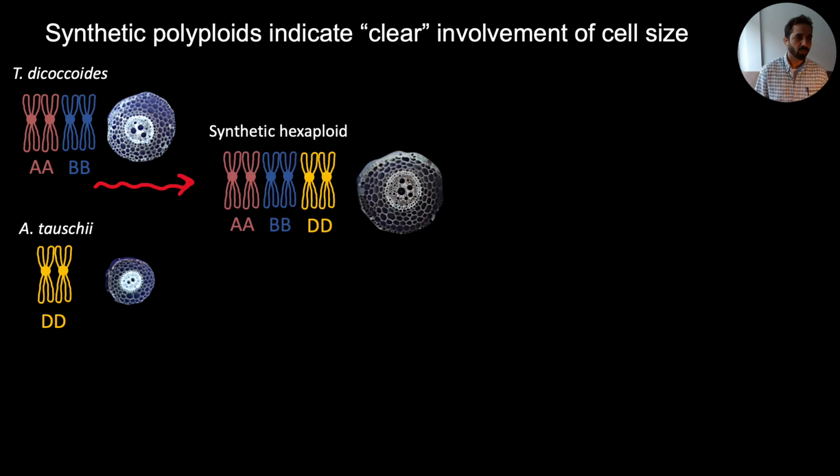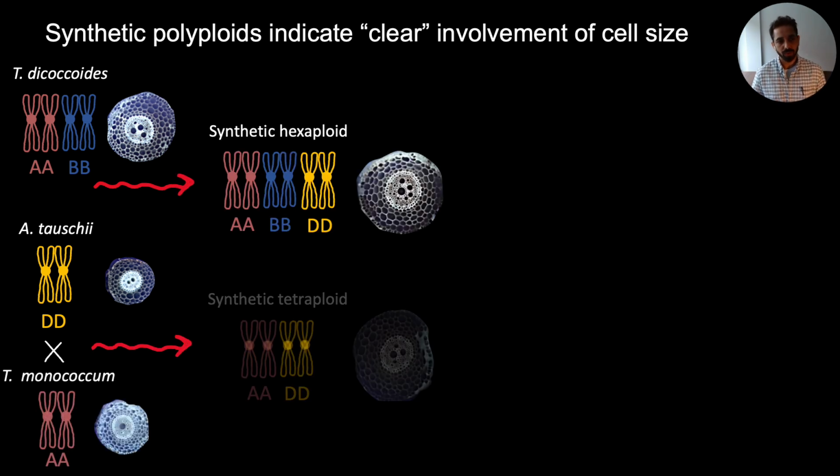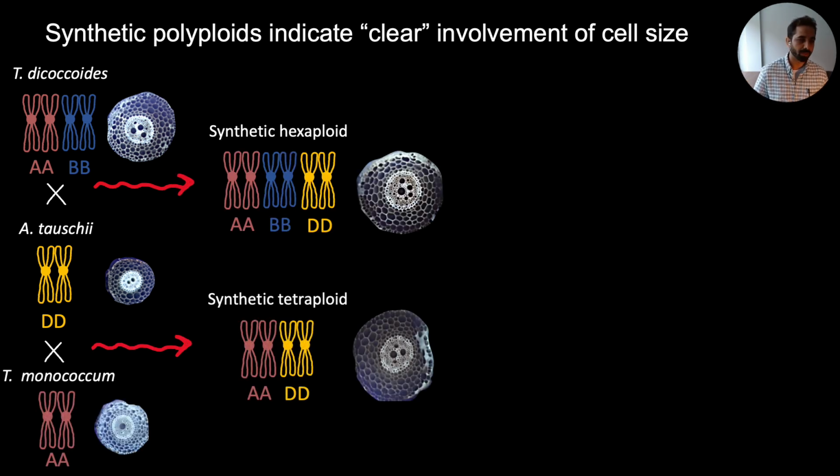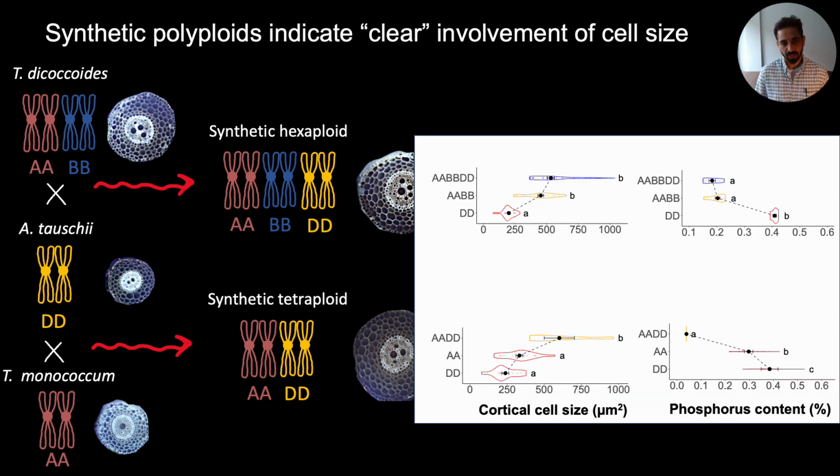And then to see whether it is due to ploidy or due to some other domestication events that have happened over the last 10,000 years, we used synthetic hexaploids and synthetic tetraploids, whose only difference from their parents is that they are polyploids, with no domestication or other events having happened on them. For tetraploids, there is increase in cell size against both diploid parents, which corresponds to reduction in phosphorus content of roots.